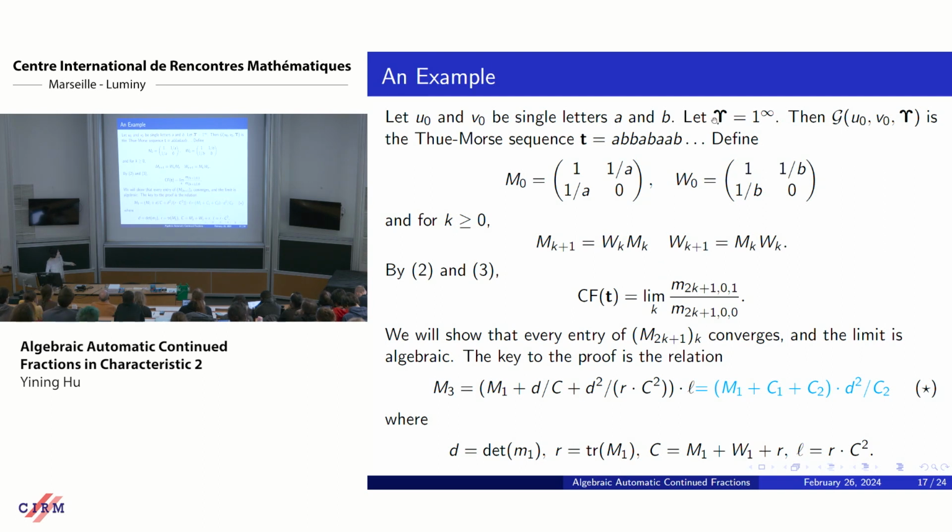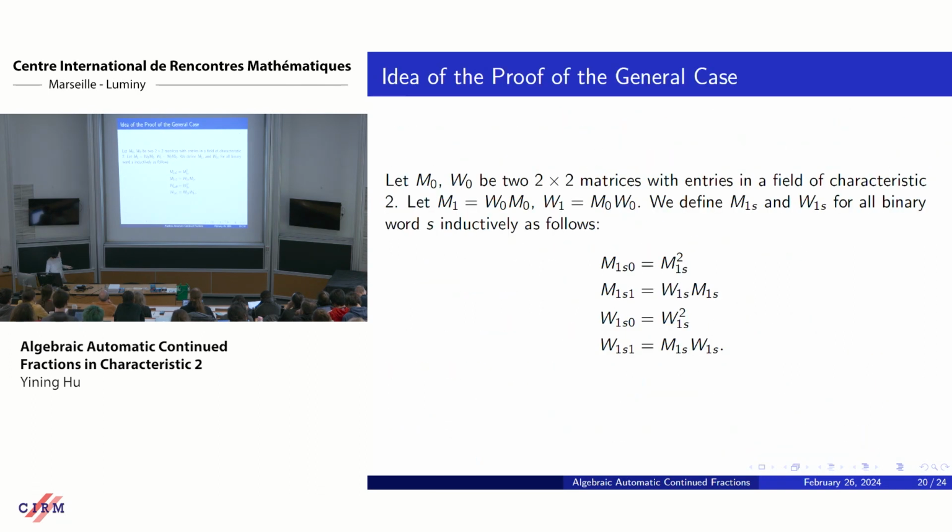But when we change the epsilon, it is not enough to have a sequence of m. Instead, for the general case, what we need is matrices m indexed by finite binary strings that correspond to the period of epsilon. We still define it by induction, so that if we add a zero, we take the square. If we add a 1, we alternate.